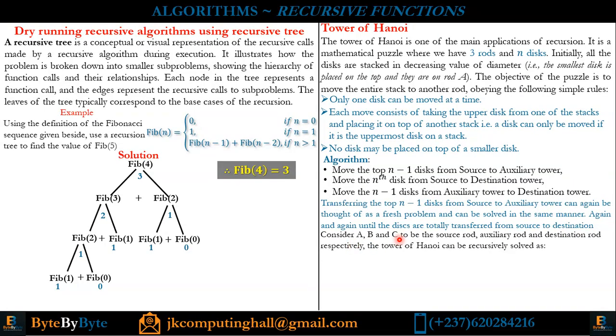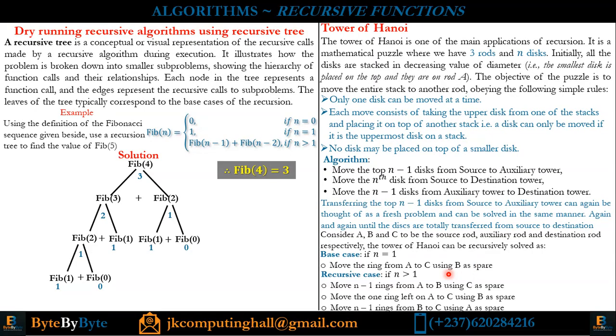Consider A, B, and C to be the source rod, auxiliary rod, and destination rod, respectively. The Tower of Hanoi can be recursively solved as follows. Base case: if n is equal to 1, then we move the ring from A to C using B as spare. So if I have only one disk, I will just move that disk directly from A to C since it is alone.